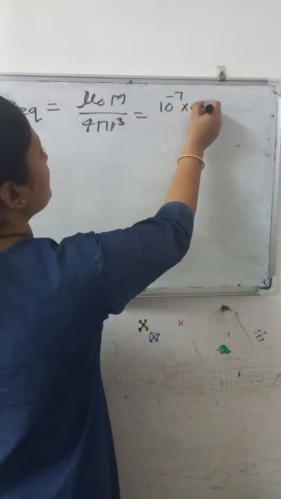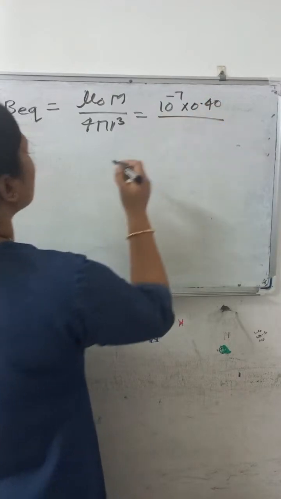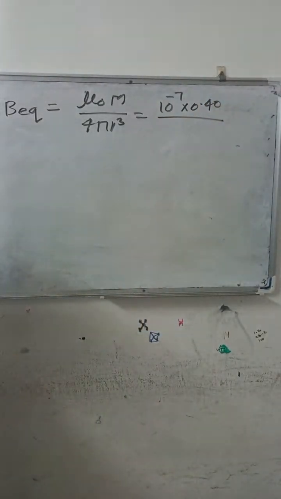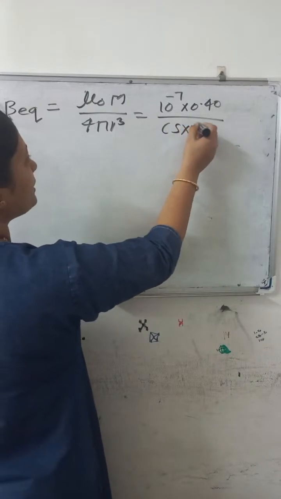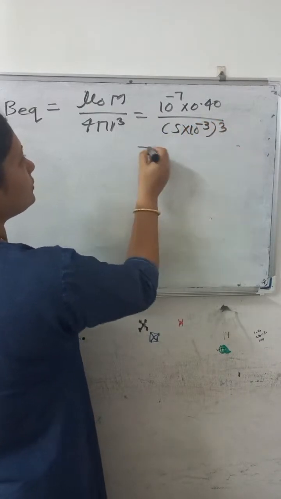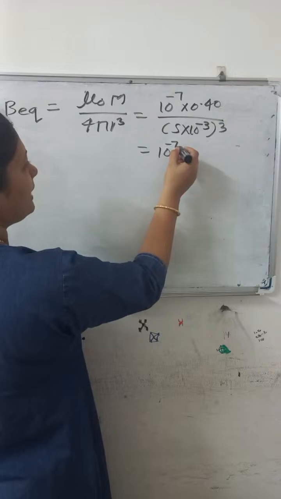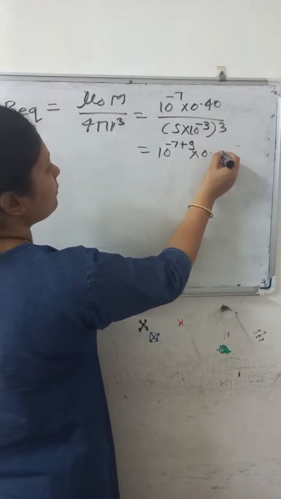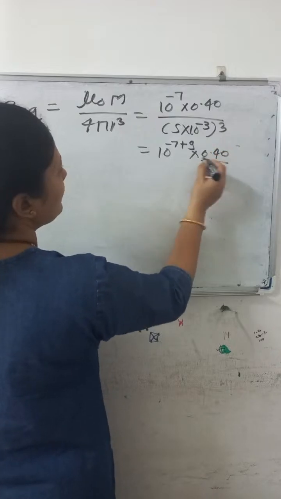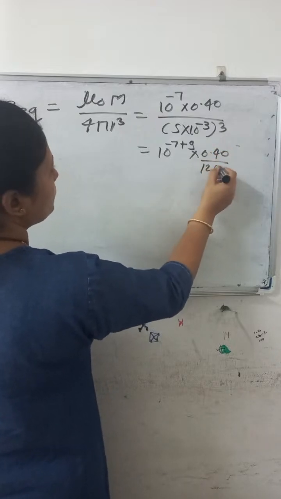The distance r is 5 mm, which means 5 into 10 raised to minus 3, cubed. So this becomes 10 raised to plus 9 into 0.40 divided by 125.